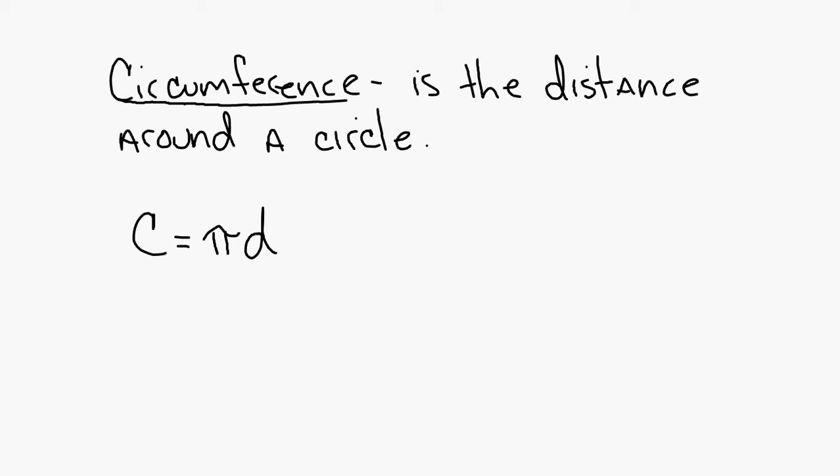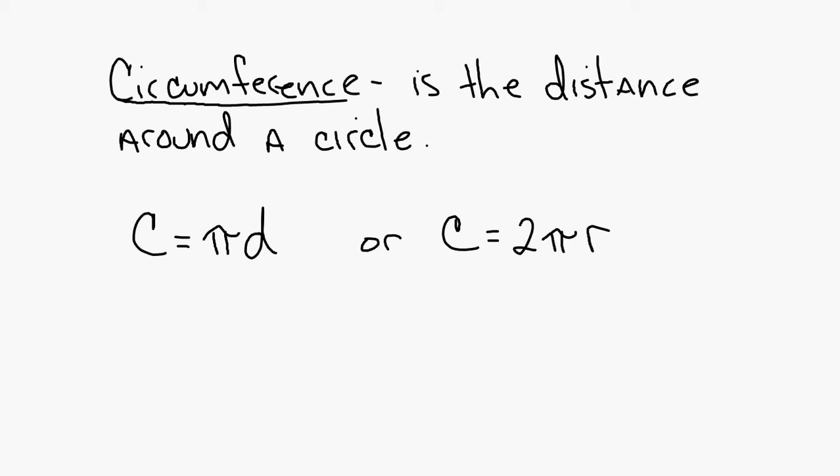Or you can use the formula for circumference, which is 2 times pi times the radius. Both of those work. And both of those work because yesterday we said that the diameter was equal to 2 times the radius.